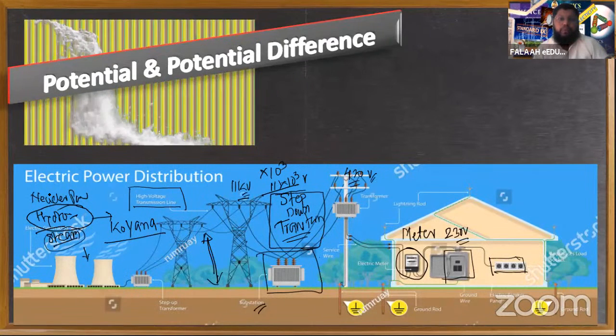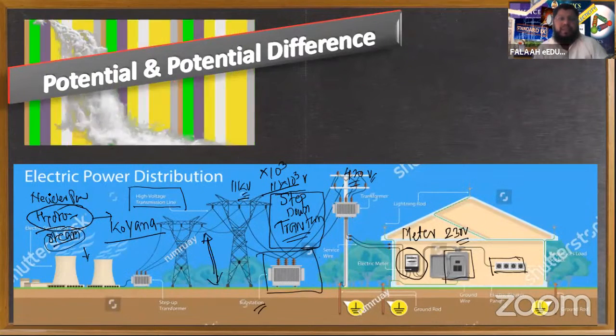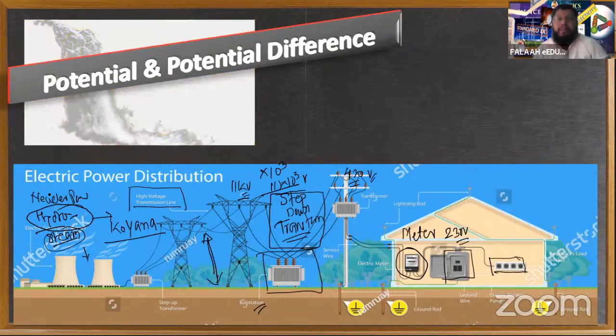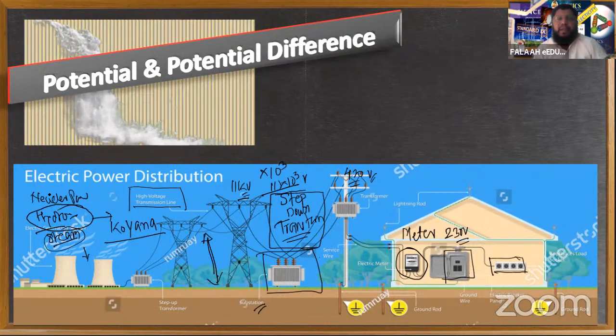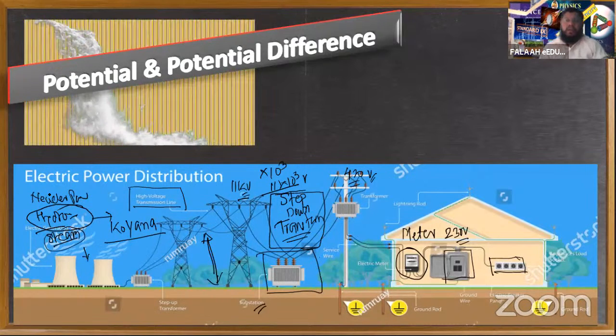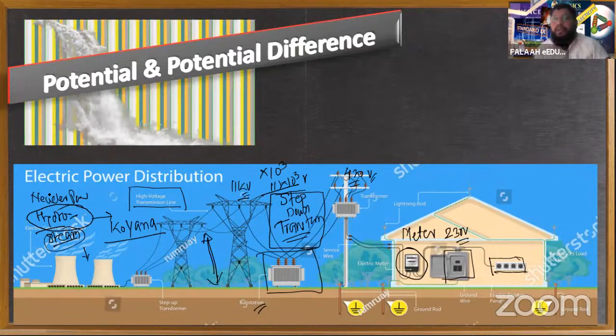Then we are coming to the potential difference. What this picture indicates here: water is flowing from top to bottom, because at the top it has some potential, at some height it has a potential and it's flowing down. So water always flows from a higher level to a lower level.